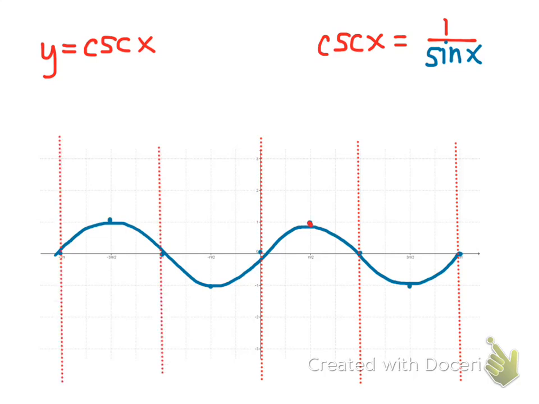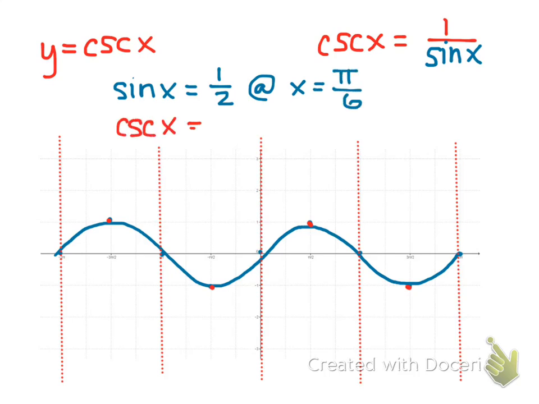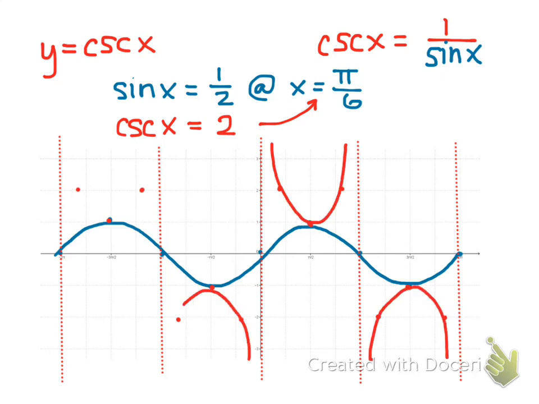Wherever the sine is 1 or -1, the cosecant will be that 1 or -1. And where the sine of x is 1/2, at x equals pi over 6, the cosecant is going to be 2. So we'll put in all our 2 and -2 points at the pi over 6 values. Then we have a shape of cosecant.